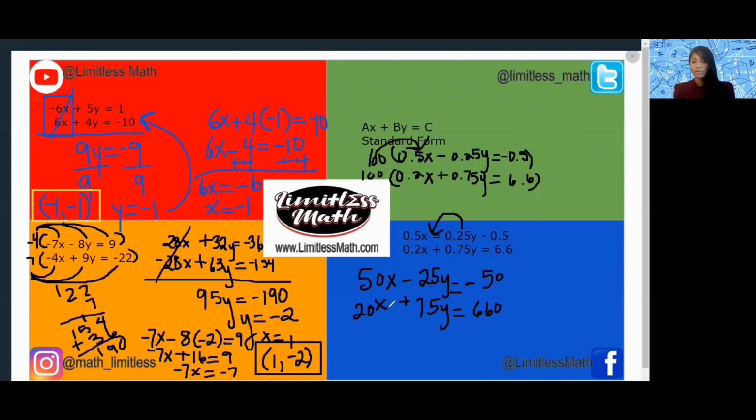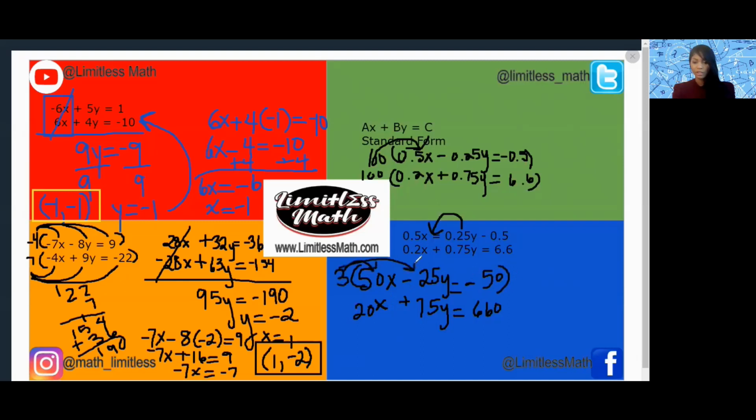So at this point, we want to set up one set of the variables so that they will eliminate. So we need to make the numbers match. We've been looking at x, so let's focus on y this time. We have a 25 and a 75. What we can do is turn the negative 25y into a negative 75y, and then they'll match. Just need to know what we can multiply that equation by so that the 25 will turn into a 75. Well, that's 3. So I'm going to multiply this entire equation by 3.